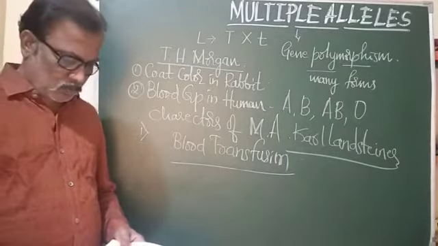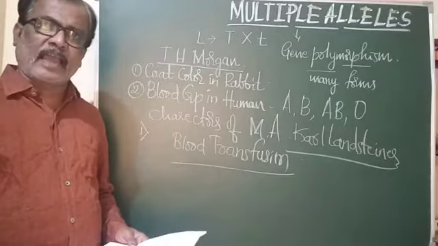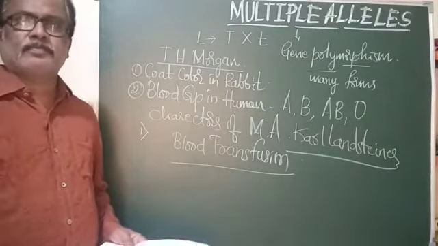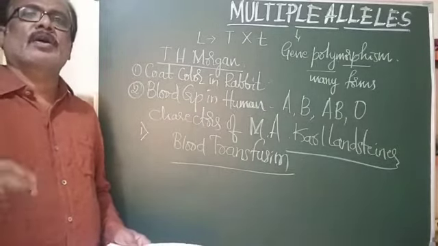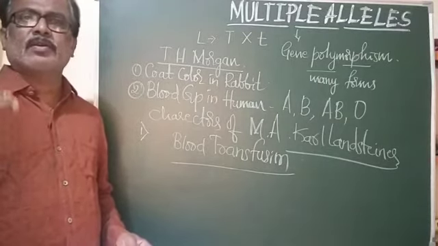The transfusion of blood can be done during surgery or during anemic conditions. Anemic condition means during loss of blood.